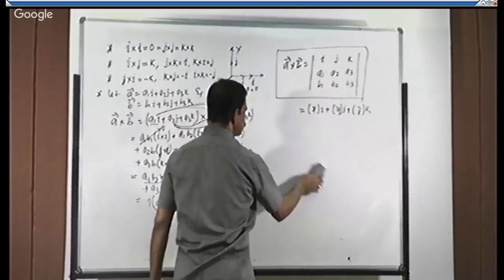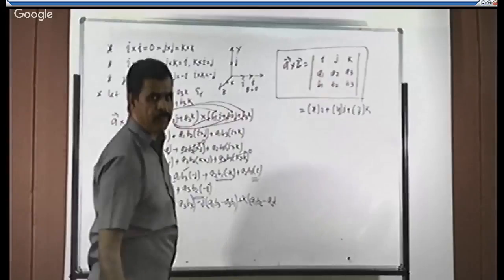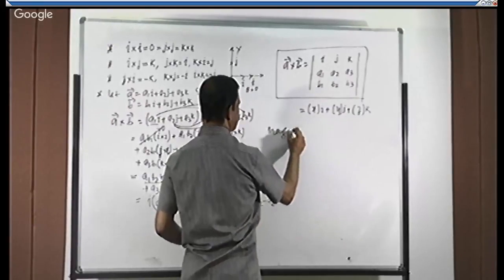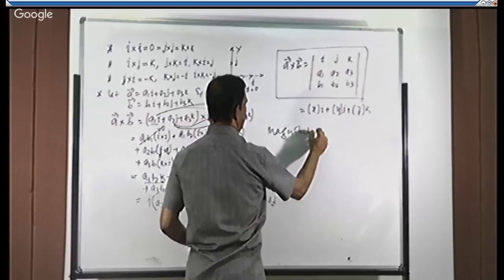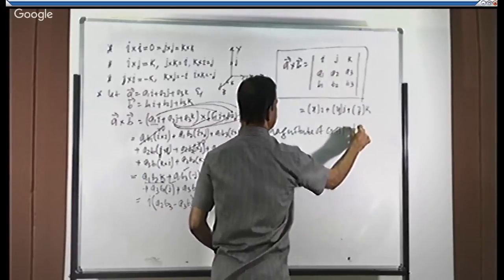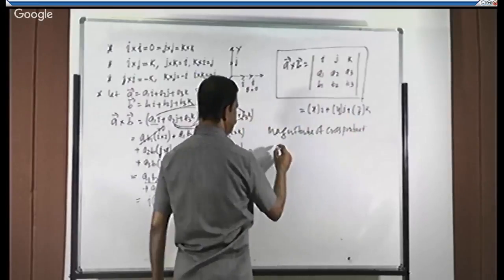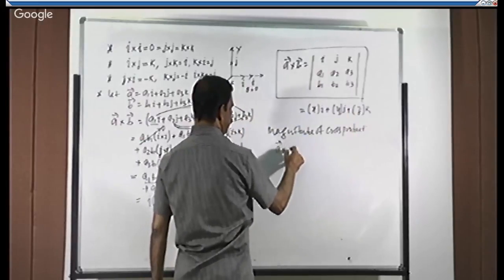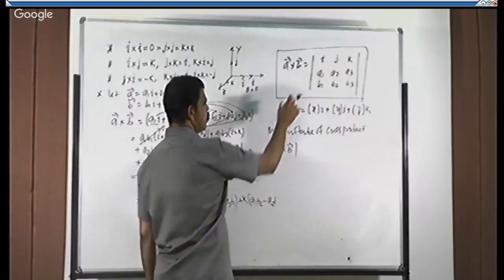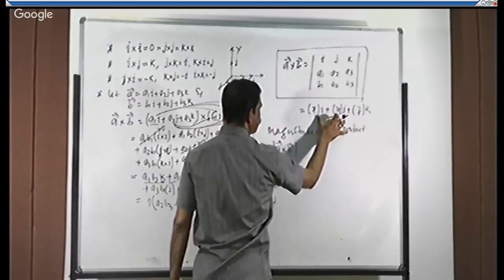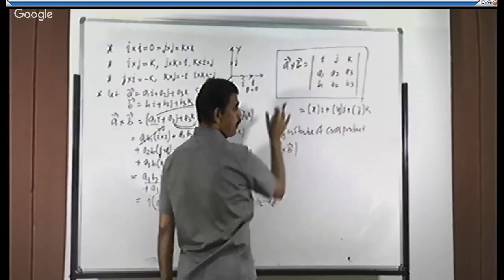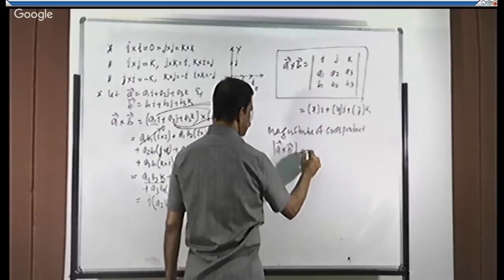So we can also get the magnitude of the cross product. From the above derivation, assume that this will be the end answer of the cross product of A and B. So how to get the magnitude?